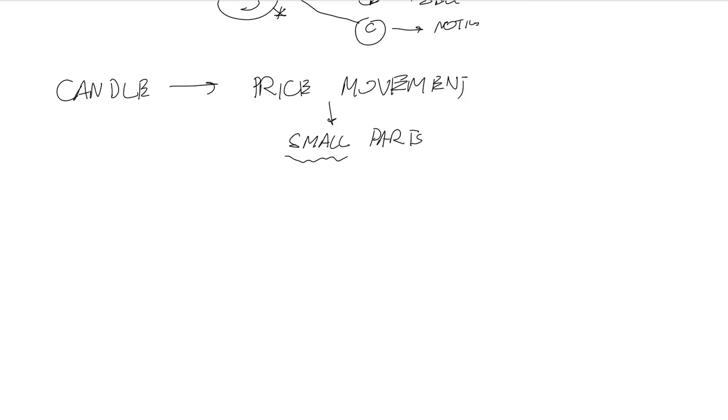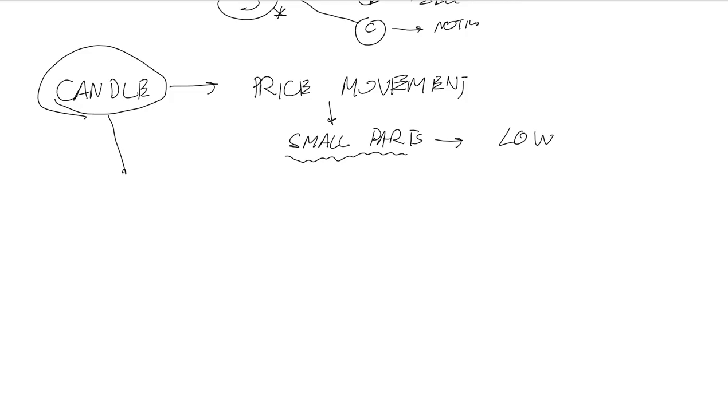Small part means priority is low. If you apply only candlestick by itself, priority is low. But if you mix or synchronize candlestick and price movement, you can upgrade your signal from candlestick for you to take action. Because candlestick is a part of price movement.